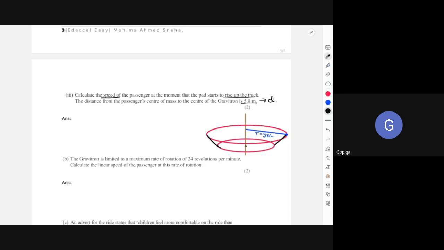Yes, tangential, because they were talking about speed. Right, speed means the magnitude only. So basically, this one is talking about tangential velocity, right? Always in the question paper, they will consider the tangential velocity as linear velocity or just speed. And that is the hint that you have to take to understand.